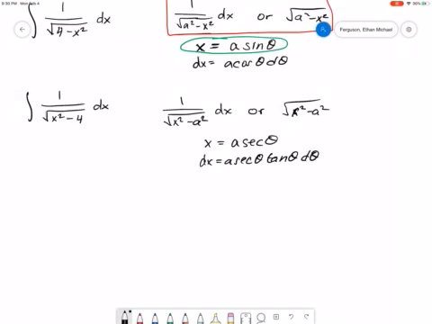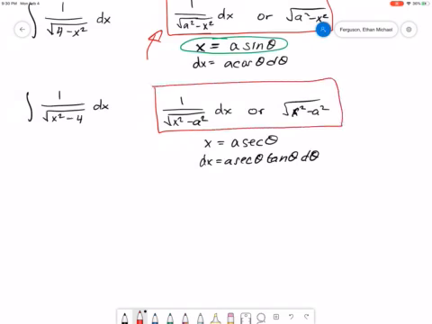And again, I'll go into more detail as to how you would solve this using this trig substitution in the example. But as we saw above here, if you see this form, you are going to substitute x equal to a secant theta.